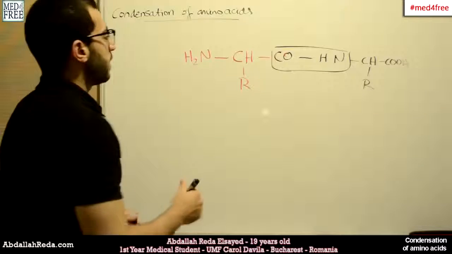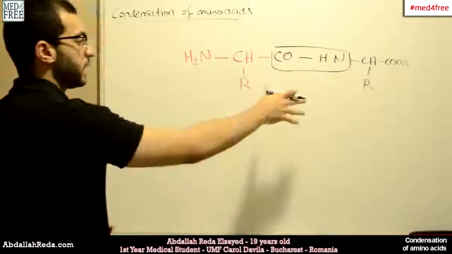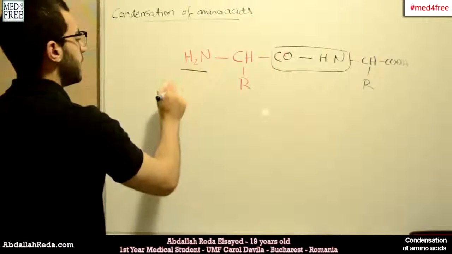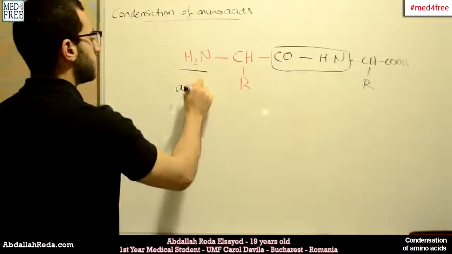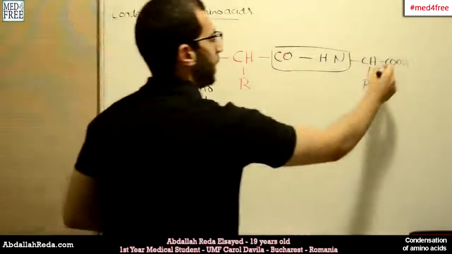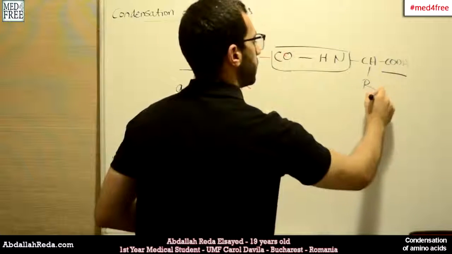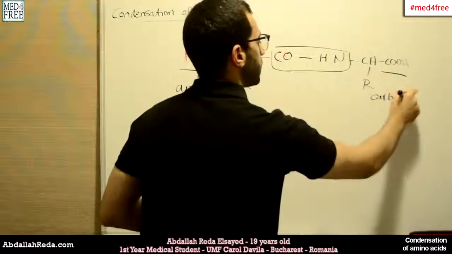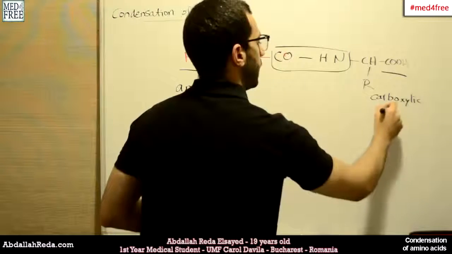From this we can see that we have two ends for the peptide chain. We have an amino end and a carboxylic end.